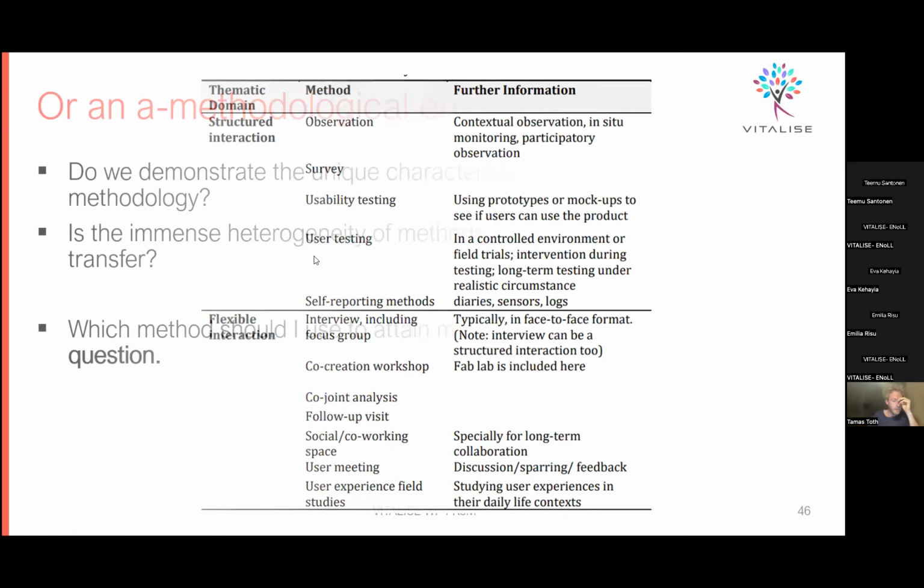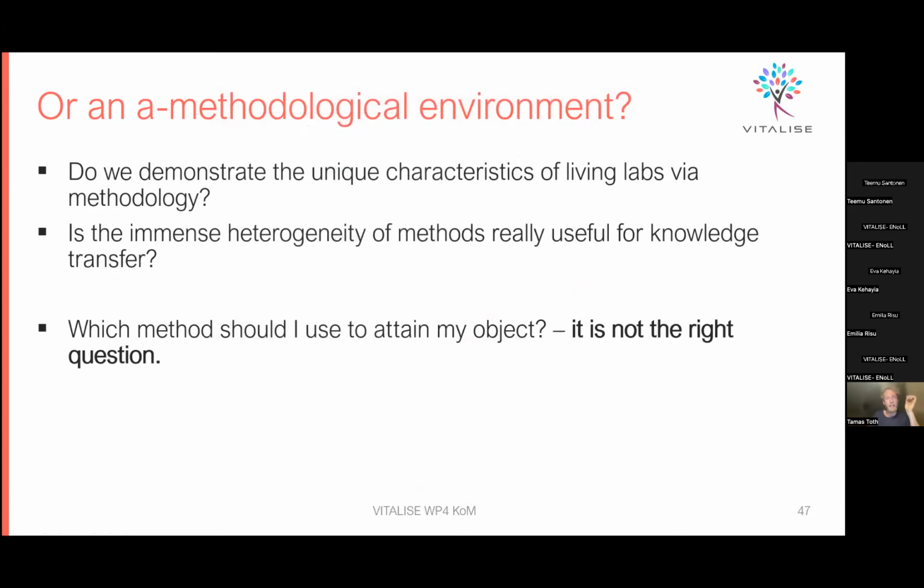But what I wanted to highlight here is that it is really a lot. Maybe this multi-method thinking, I'm not against it, but maybe it creates a bit of confusion. Scholars argue that there is a multiplicity of methods and tools, but their usage fails to demonstrate the unique characteristics of living labs, especially considering user involvement.